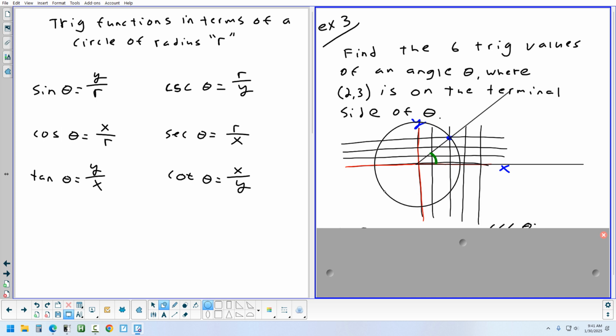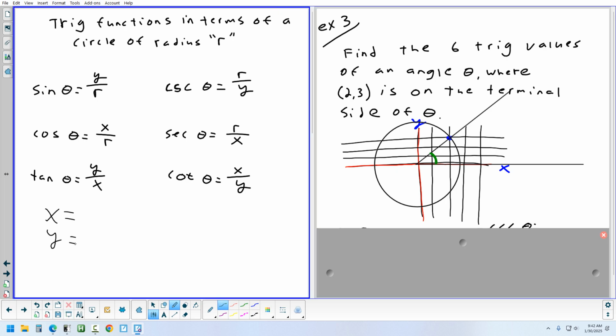You're basically doing unit circle trig, but now the size of the circle isn't 1. It's bigger than 1. So we know the x, and we know the y. X is 2, y is 3. What we don't know is the size of that circle.